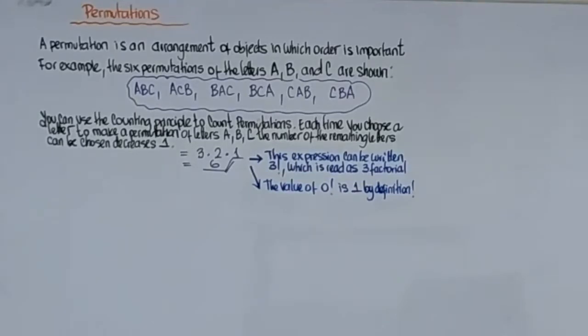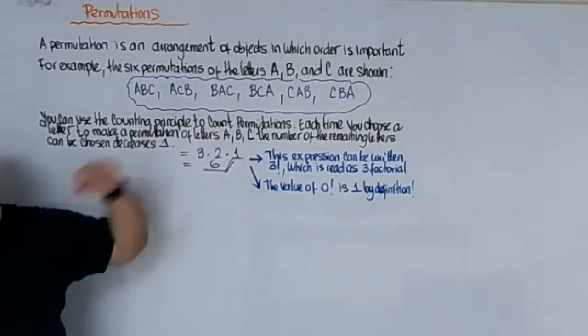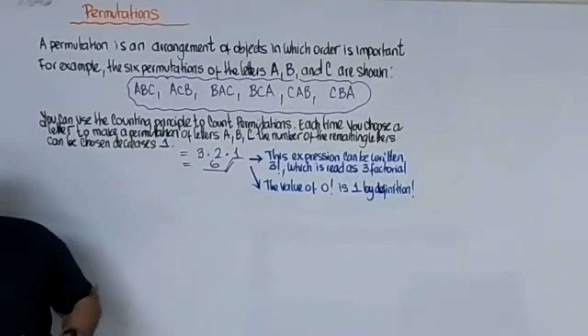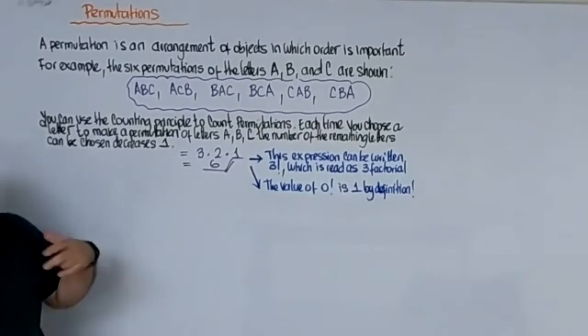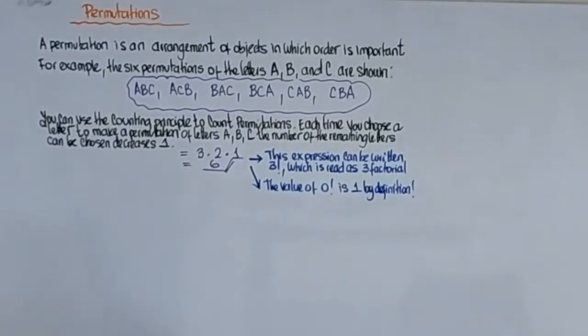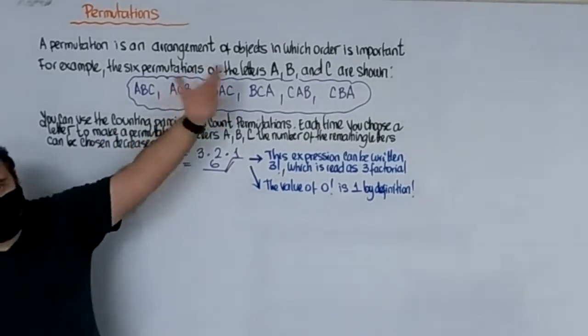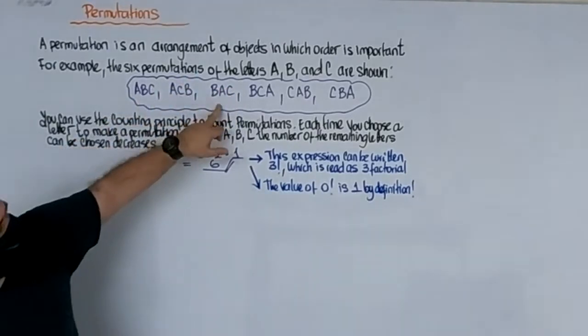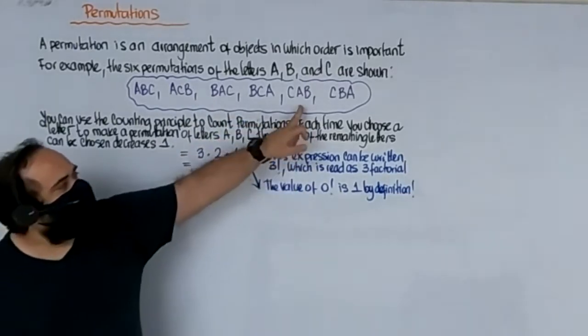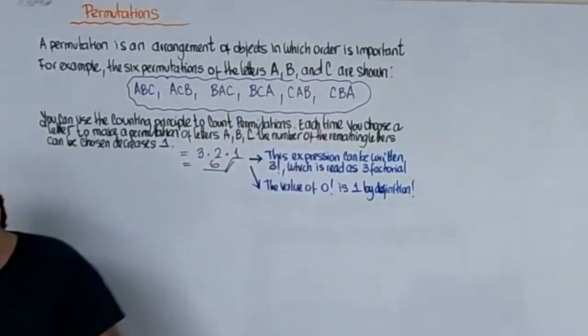For example, you have three letters, A, B, and C, right? If you want to apply the total arrangement, you can mix these letters in order. They could be ABC, ACB, BAC, BCA, CAB, and CBA.